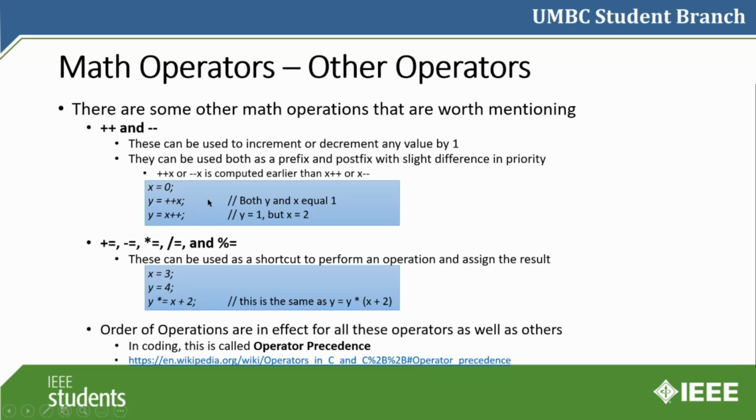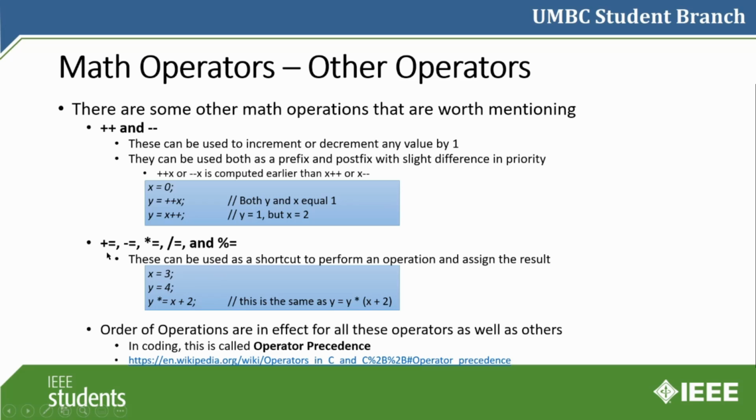For example, in here, if we do plus plus x and assign that to y, then x would be incremented before it gets assigned to y. However, if we do x plus plus and assign that to y, then x would only be incremented after the value of x gets assigned to y, which in this case would mean that y would end up being equal to 1, but x would equal 2 after this executes.